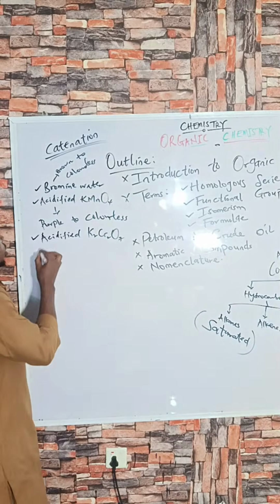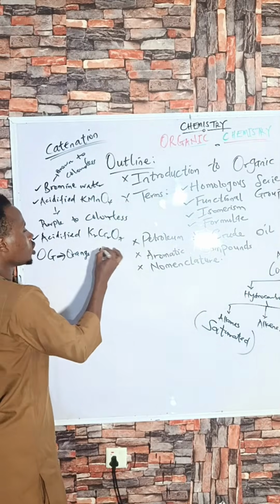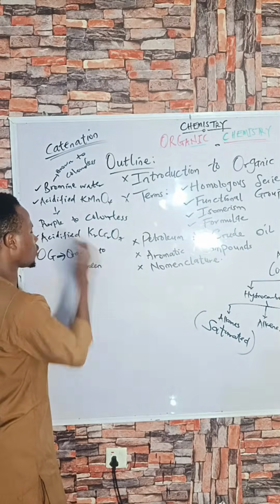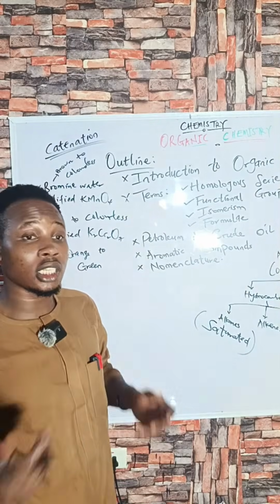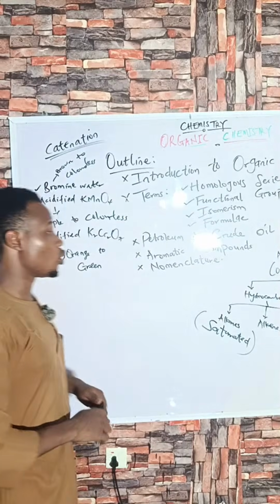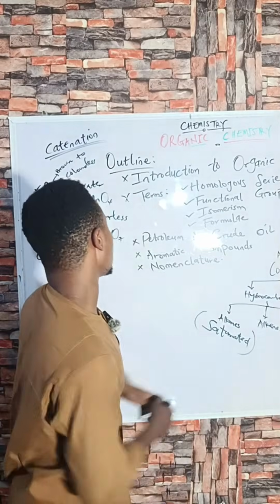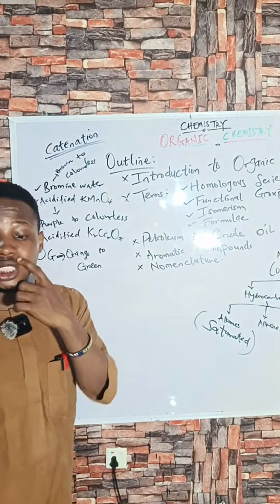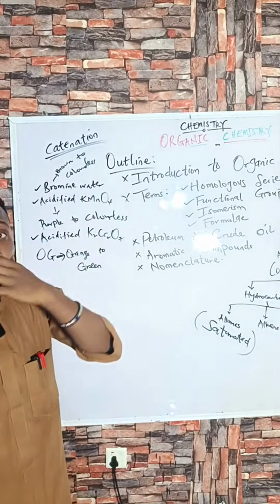What will happen? You remember OG, it changes from orange to green. So if you call yourself an OG and you don't know what happens when an unsaturated compound is detected using K2Cr2O7, you should know this in organic chemistry. Now, there are three ways to identify unsaturation in an organic compound. Number one, using bromine water.